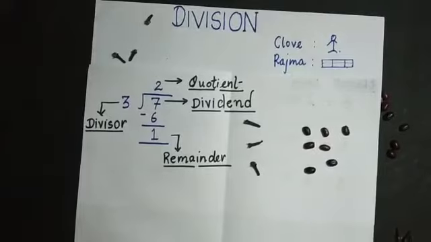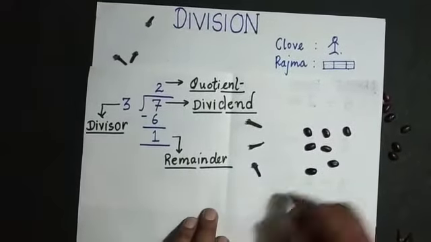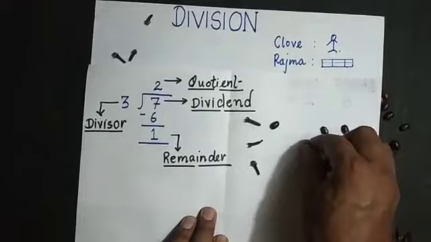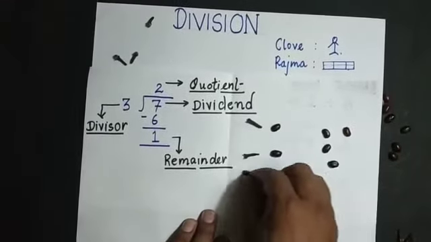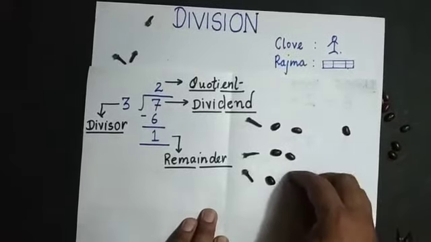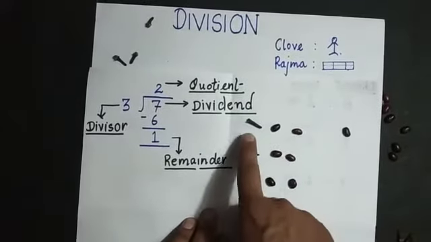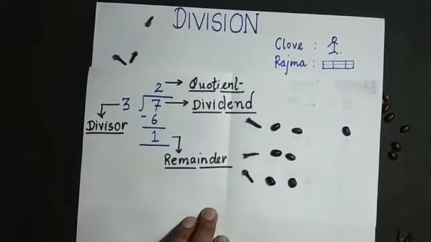Now can you guess how many each person will get? Let's see. 1, 1, 1, one by one we distribute equally. Then 1, 1, 1. Till now each person is getting 2 chocolates. But still 1 rajma seed, or 1 chocolate, is left.